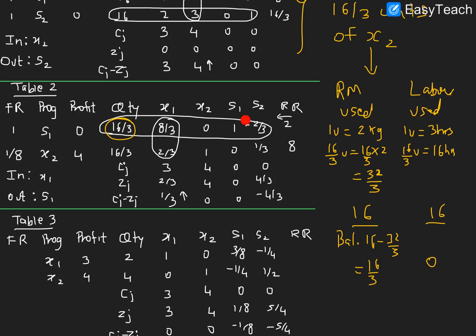Now let's understand what these numbers are in the main body of the table, where we have the sacrifice ratios between each one of them. Let's understand that. First, let me just erase this part.